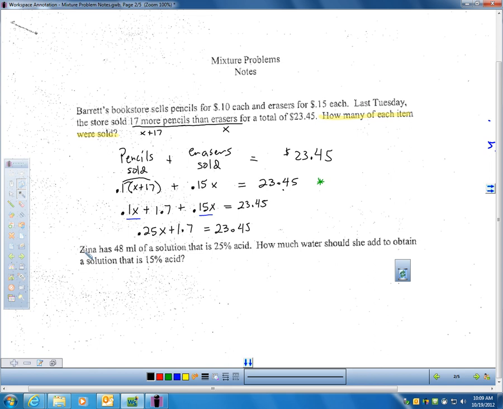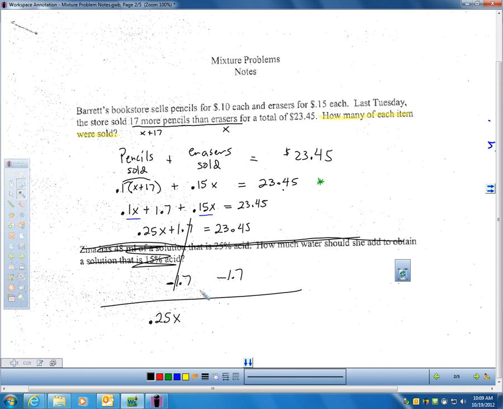Okay, so I'm just going to keep on writing right through this problem. So my next step, let's take away 1.7 from each side. When I do that, plus 1.7 minus 1.7 cancel out. I get 0.25x. Let me grab my calculator. 23.45 minus 1.7.